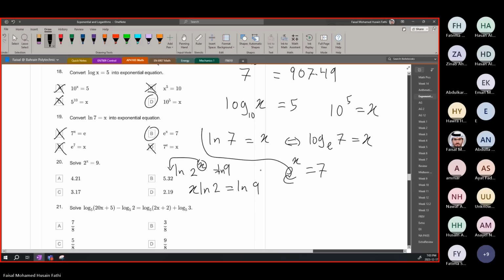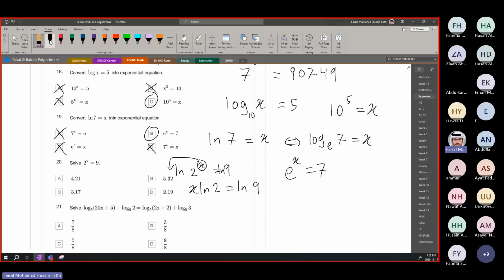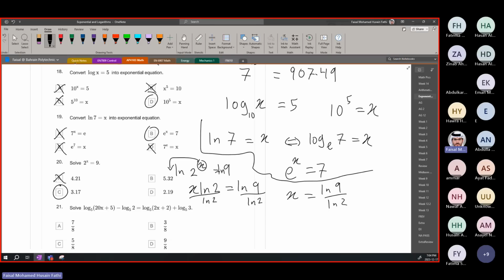Therefore, okay, so x, we divide both sides by ln 2. X is simply ln 9 divided by ln 2. Put that in the calculator and you'll find your final answer. You can use log or ln. They both work exactly the same way. All right, 3.17. 3.17. There we go.